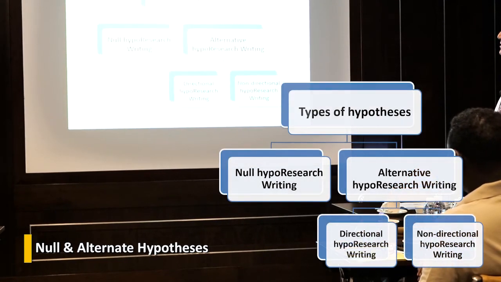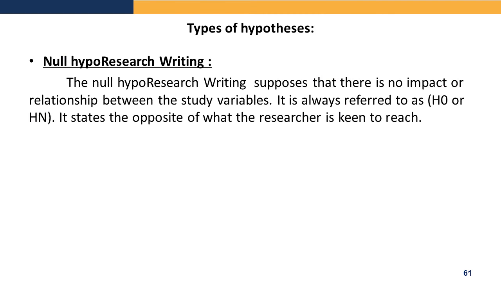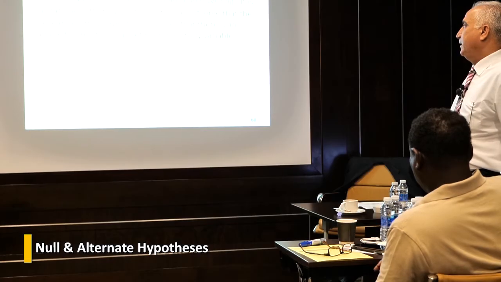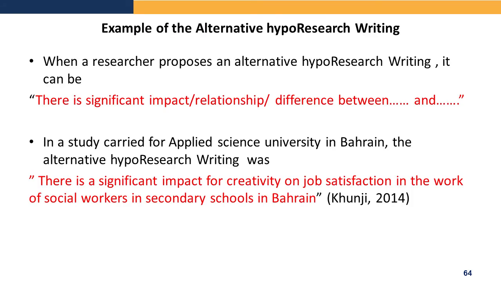So we discussed the types of hypothesis: null, alternative, directional, non-directional. We discussed what a null is. We discussed an example: there is no significant difference between government-sponsored accommodation and the impact of global crisis, whatever. Alternative: there is an impact, there is a relationship, there is a difference.